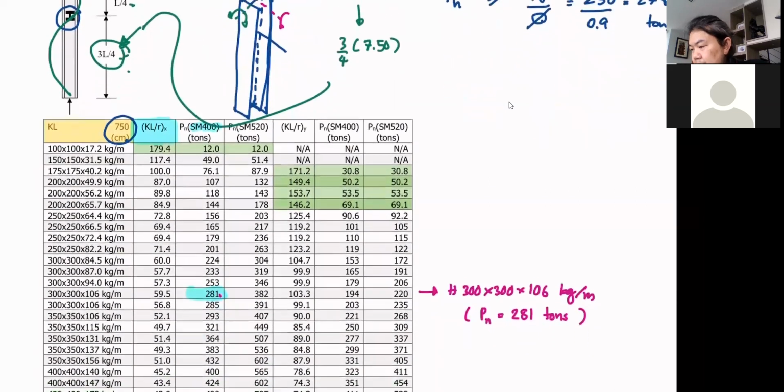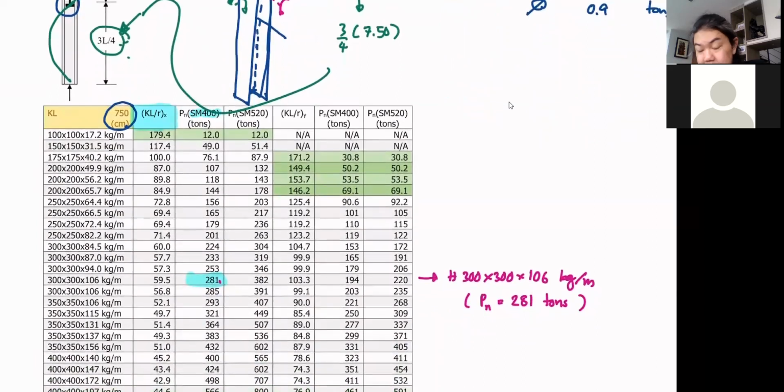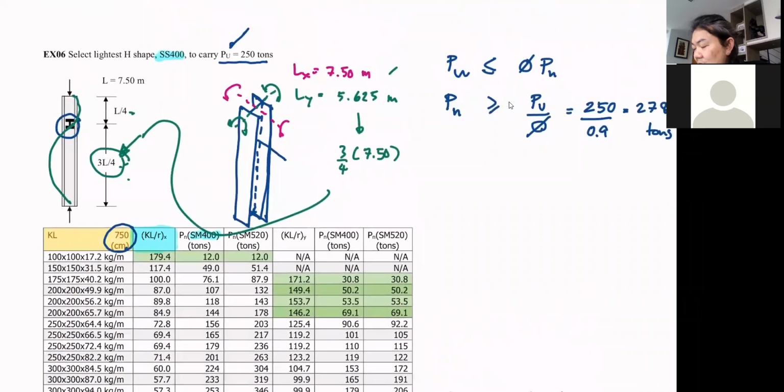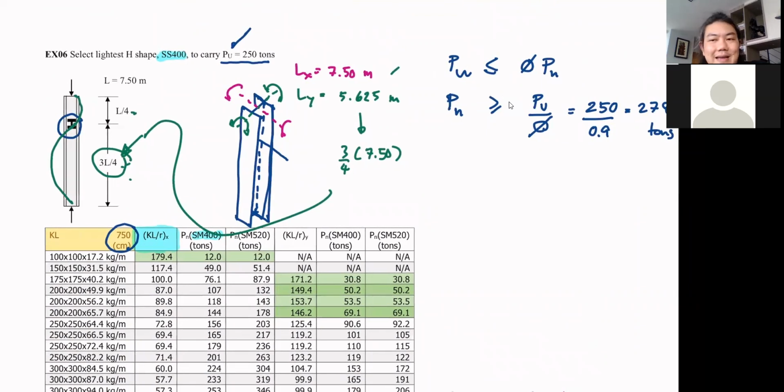All right. But remember, in this case, which is very realistic, you also need to consider the y-axis, and now you have Ly equal to 5.625 meters, or in centimeter is 562.5. Now there's a problem because in developing the tables, I really couldn't go on and develop the KL for every centimeter. So simply put, we don't have the table for this exact length.